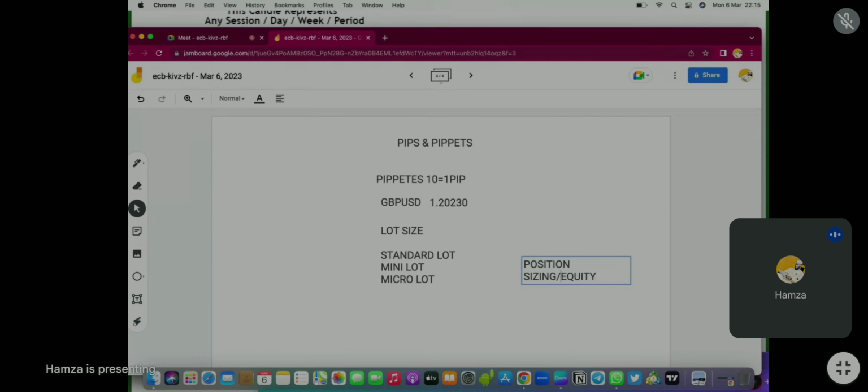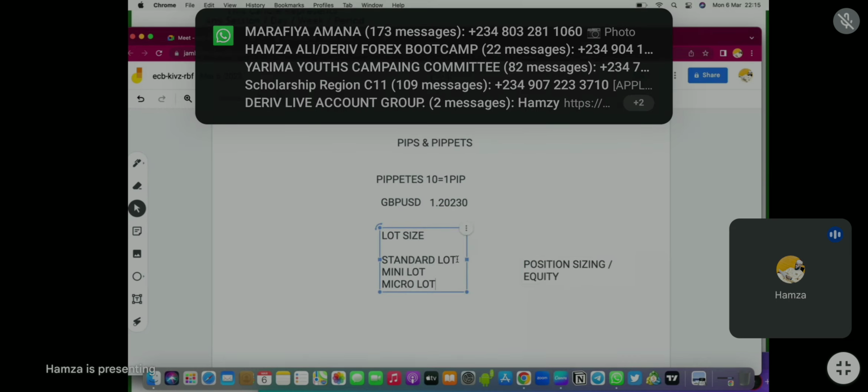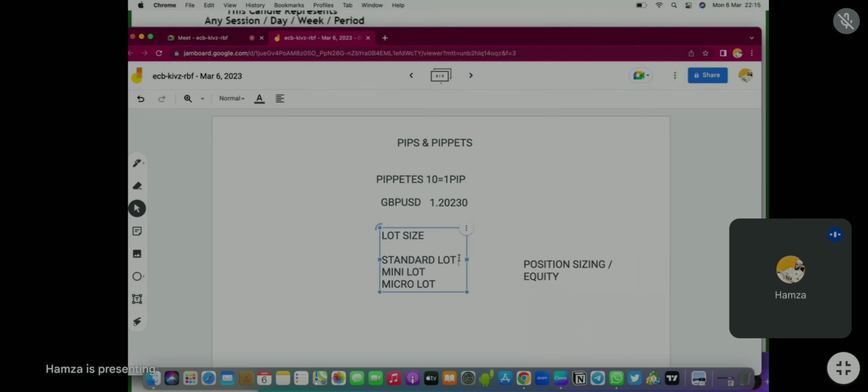How huge is your equity? How huge is your money? For you to know how to size your positions, how to size your trades. If your money is enough to open positions using a standard lot, you will use them. Now, a standard lot starts from 1.00.